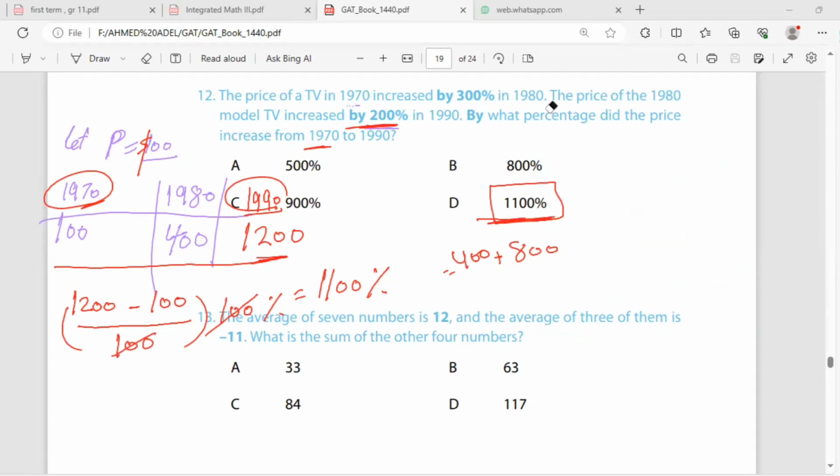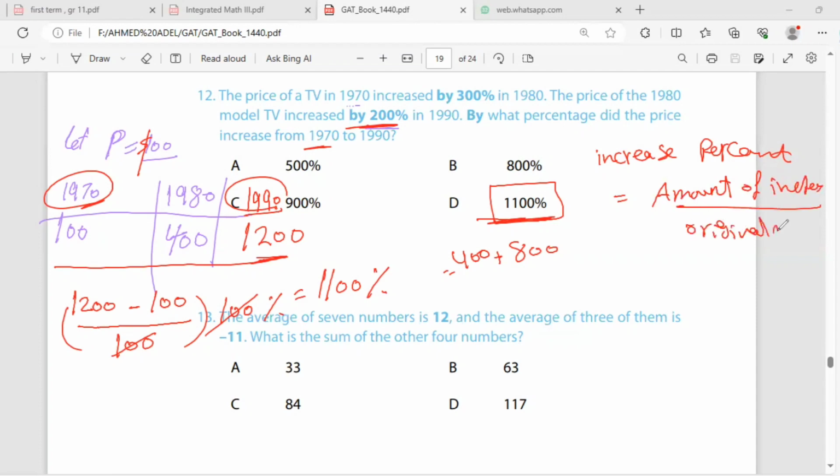You have to know that percentage increase equals the amount of increase divided by the original amount, multiplied by 100%.